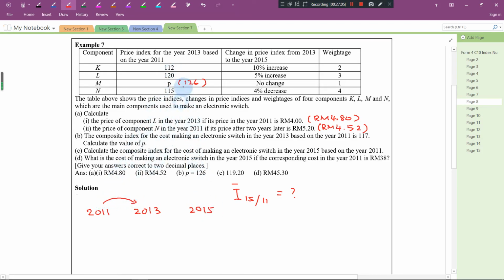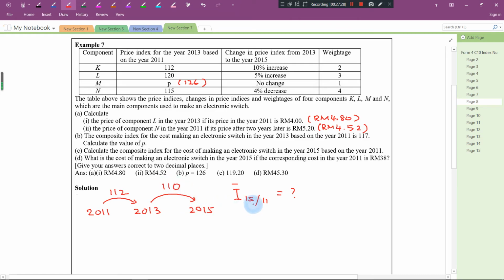This one I think should be no problem. 112. From the year 2011 to 2013 increases 12%. So 10% increase from the year 2013 to 2015 means it will become 110.